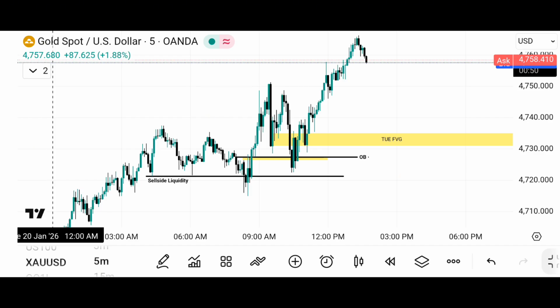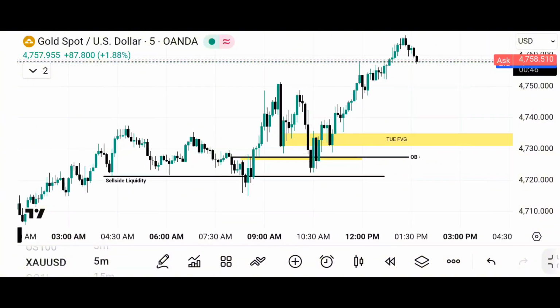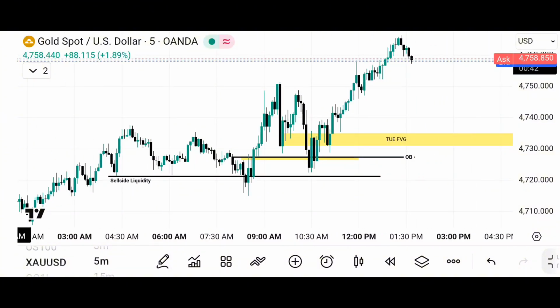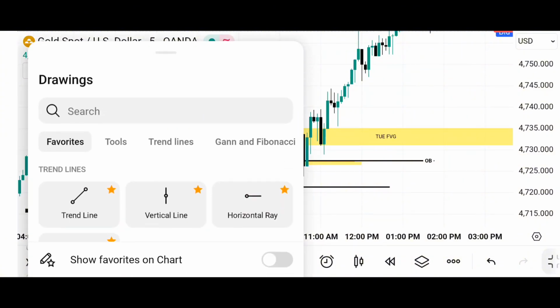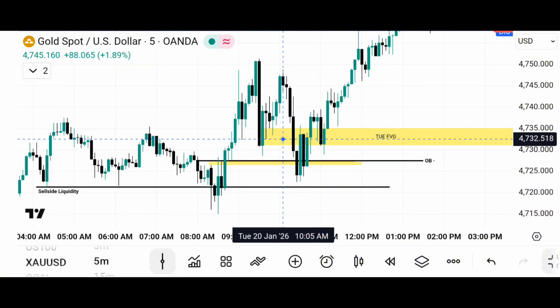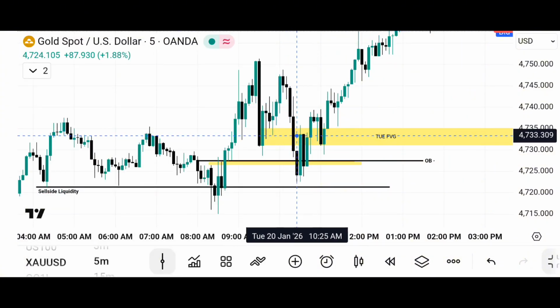Price starts running to liquidity. For the New York AM session, this is actually the New York AM session. For the New York AM session, the silver bullet is from 10 a.m.